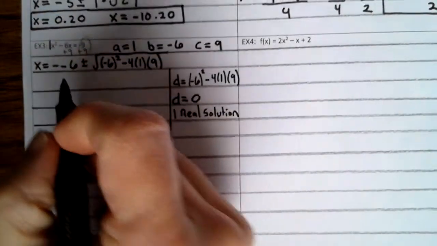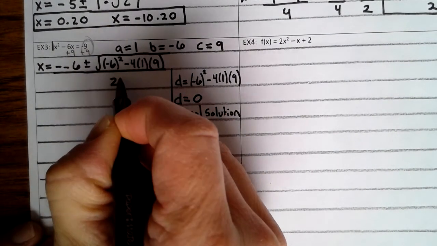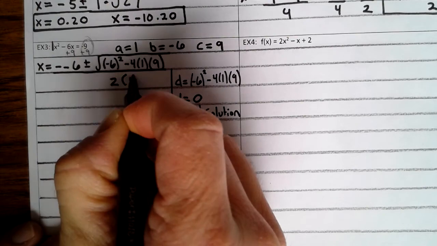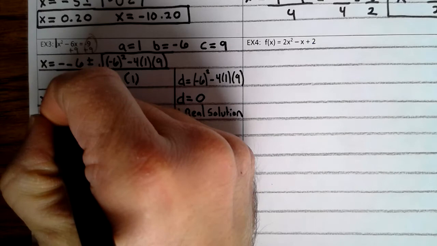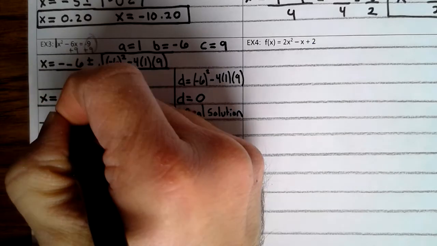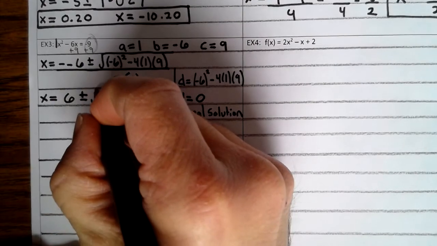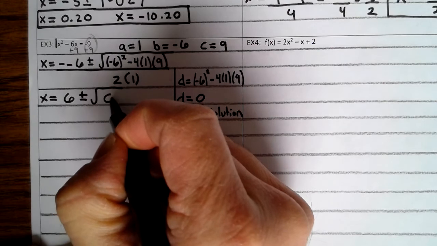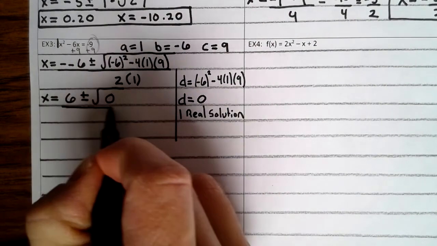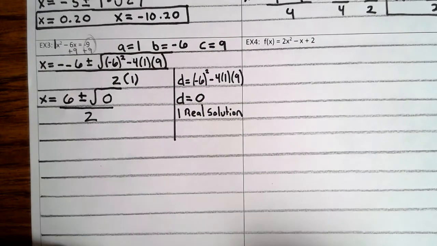So x equals a negative times a negative is positive, so that's positive 6 plus or minus the square root of, well, we already found the discriminant, which is 0, divided by 2. So then that's x equals 6 plus or minus 0 divided by 2.